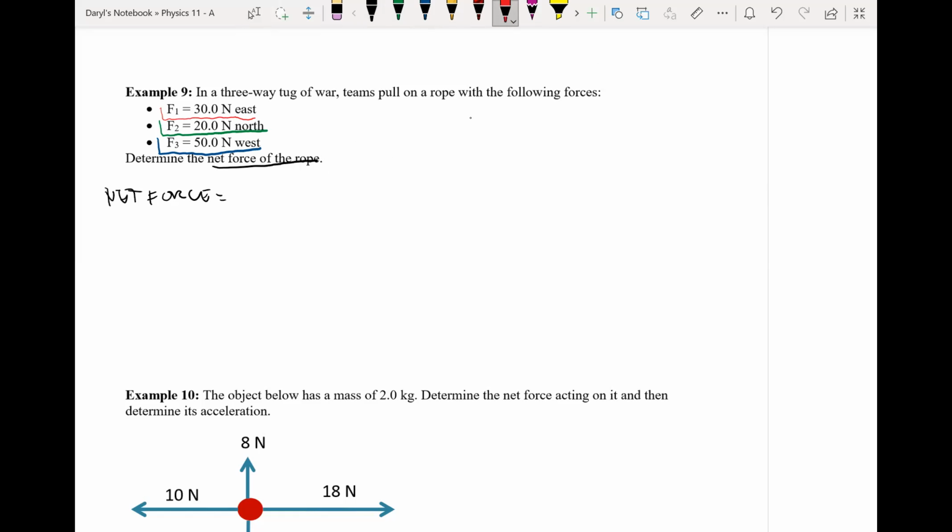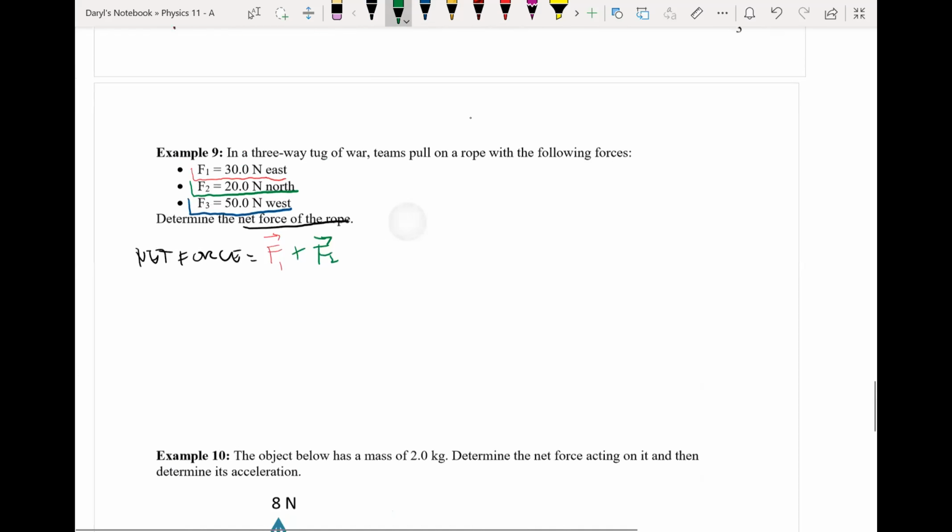So that means I'm adding F1 plus F2 plus F3. Again, the sum is just the net force.